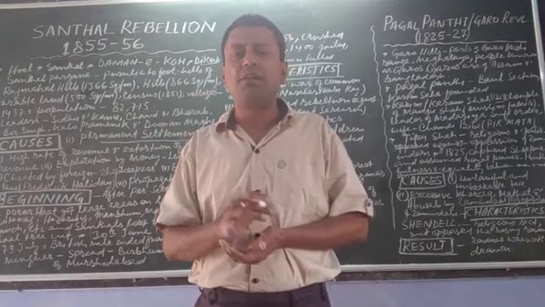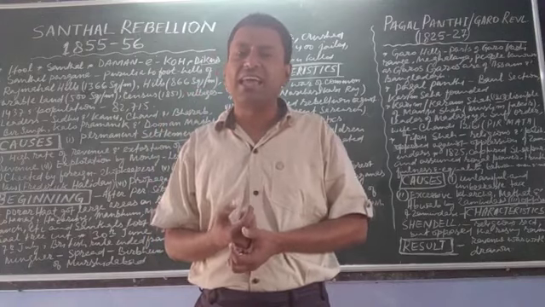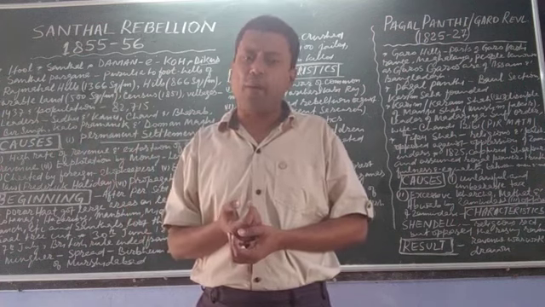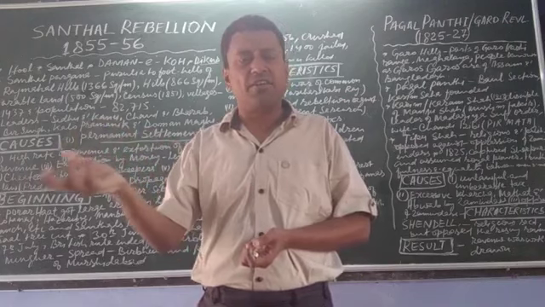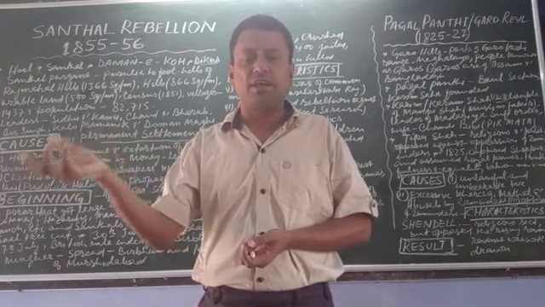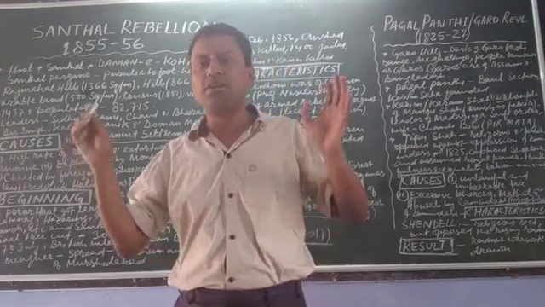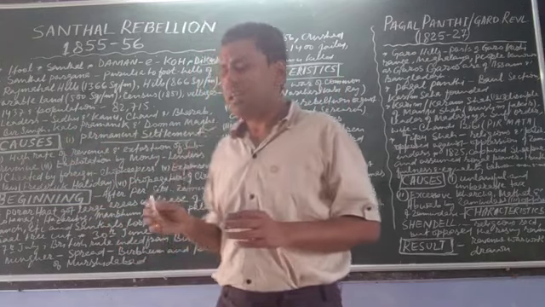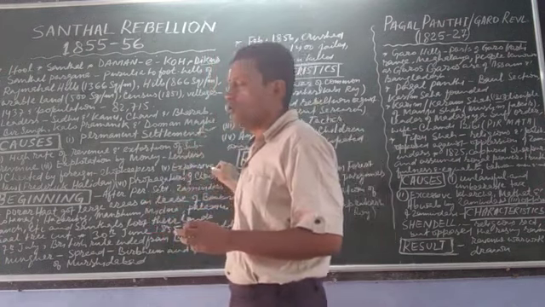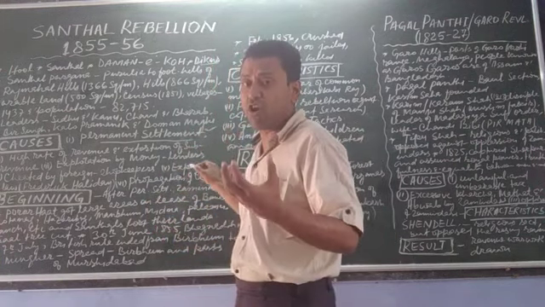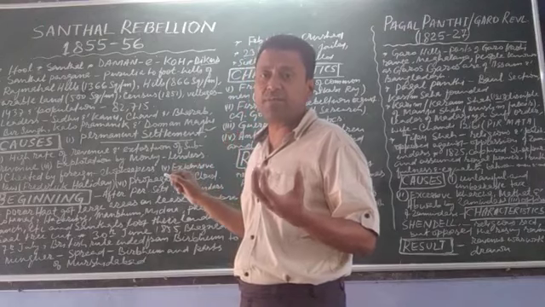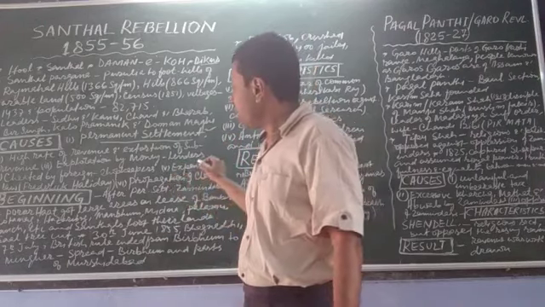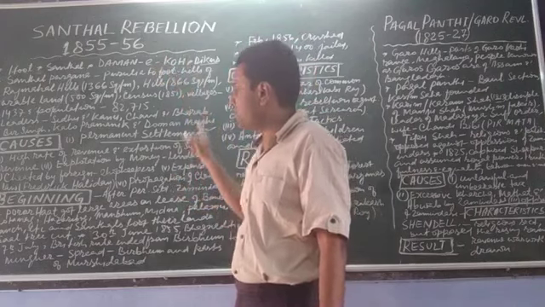It was not possible for them to sue the case against the zamindars, the oppressive revenue collectors, the oppressive contractors. It was beyond their imagination to go and sue the case. So this expensive civil and criminal law also became the cause for the rebellion of Santhal 1855.